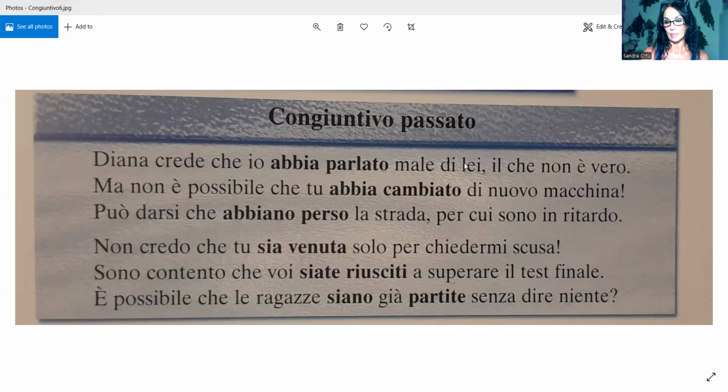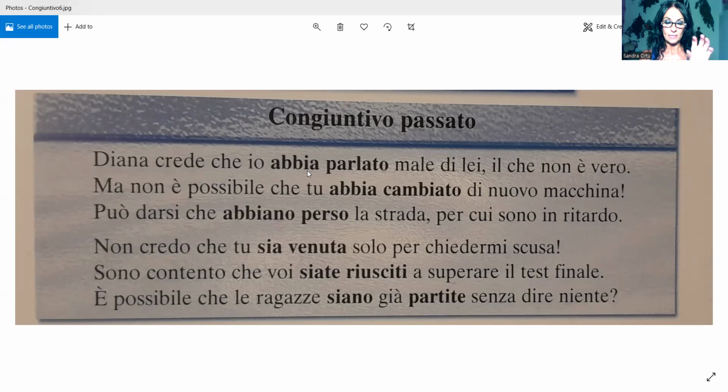So Diana believes that I have spoken ill about her. As we said, we have the auxiliary avere. When we have congiuntivo passato, exactly like passato prossimo, we have the auxiliary, which is avere or essere, and then the participle of the main verb we are going to use. That's exactly what we have here.